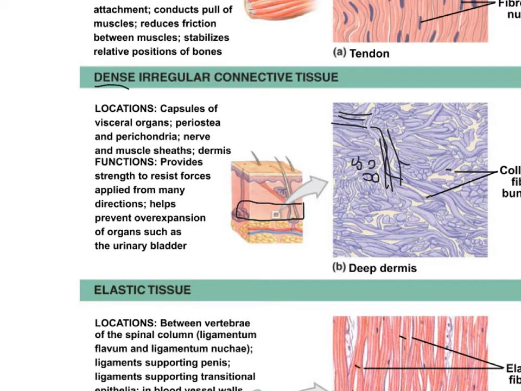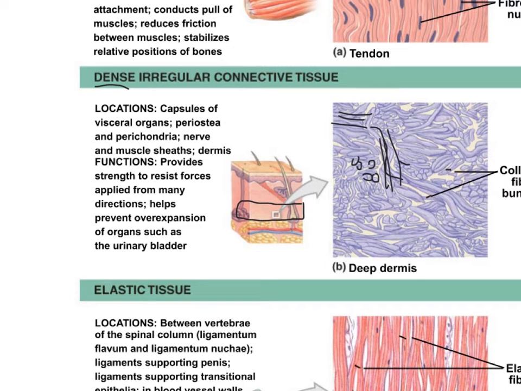So they're all in many different directions. What it allows is for that skin to be stretched in many different directions. Okay? So that's dense irregular connective tissue. So you have to know dense irregular, and you have to know adipose tissue as far as connective tissue proper.